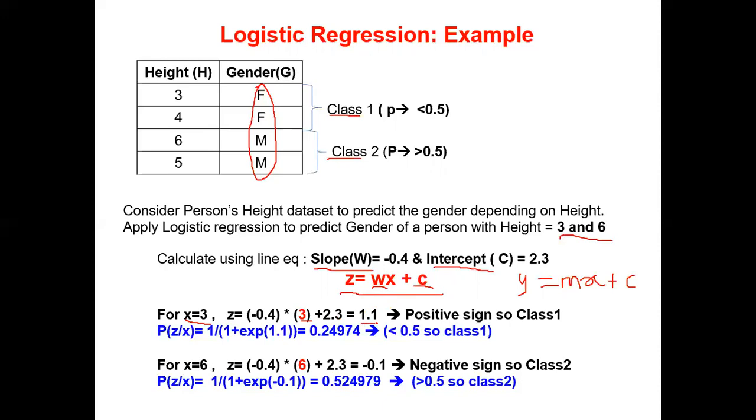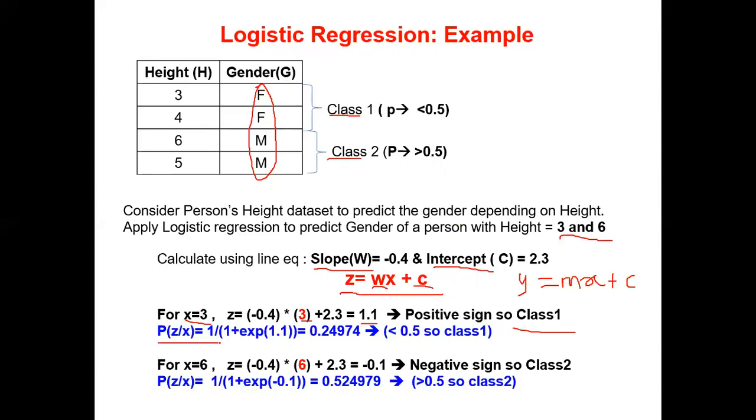So we get the value 1.1. Because this value is positive, which is a shortcut method to identify the class of the query point, the person with height 3 belongs to class 1, which is female here.